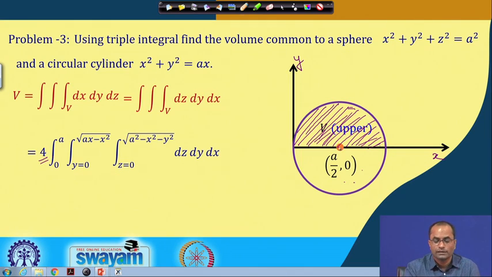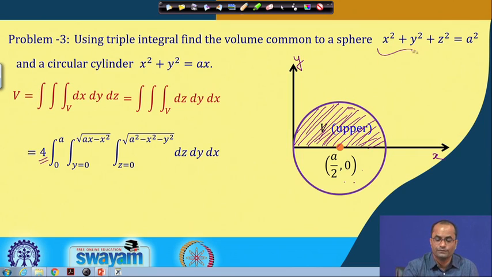The limits, now we have to fix the limits. So, for the z, this is the cylinder which is in the direction of z, and it is cutting exactly the sphere there. So, for the limits of z for this upper half portion, we are entering into the z from z is equal to 0 and we are leaving this to the sphere.